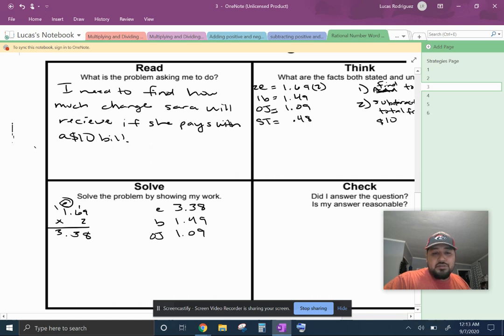And then notice that I'm lining up these decimals. And for sales tax, she paid 48 cents. Now, you don't have to line them up all together and solve them all at once. For me, I just do that so I don't do too many more steps than I have to. But you can add these two up and then add the $1.09 and then add the 48 cents if you want to. It doesn't really matter.